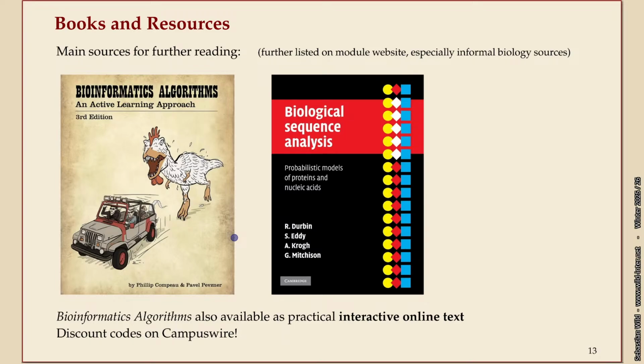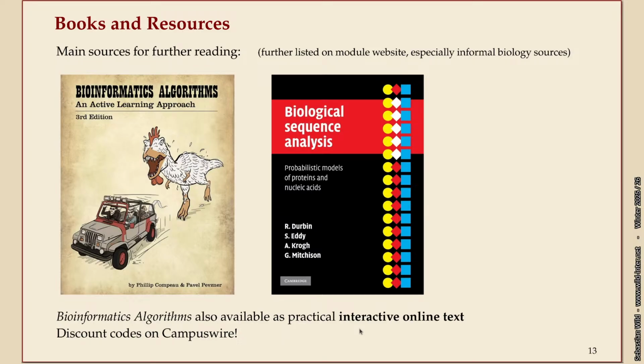I'm just saying this to put into context why they charge for access to their website. It's a different system. It's not a very nice one, and I'm not going to encourage you to spend money outside of this. The books should be available via the library. At least the biological sequence analysis one we already have, and for the other, I'm trying to get one ordered, where you can also speed this up by asking.